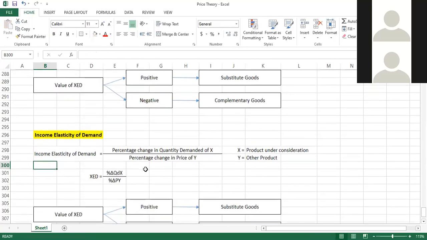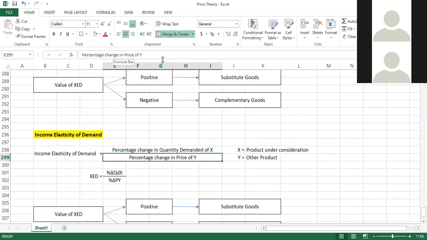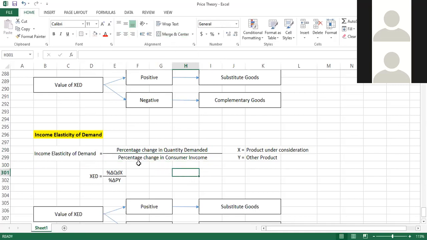What is the meaning of income elasticity of demand? When there is a change in consumer income, what is the response of the quantity demanded of the product? With respect to a given percentage change in consumer income, what is the percentage change in the quantity demanded of the product? So that is the meaning of income elasticity of demand.